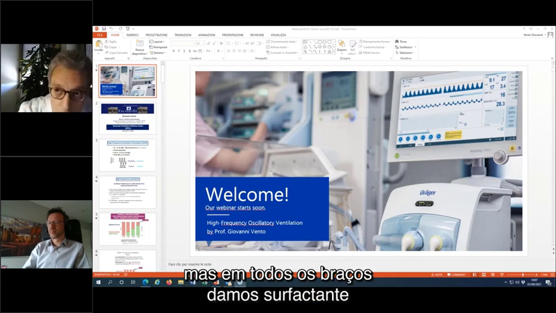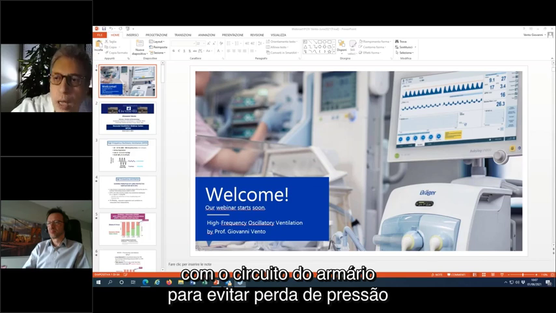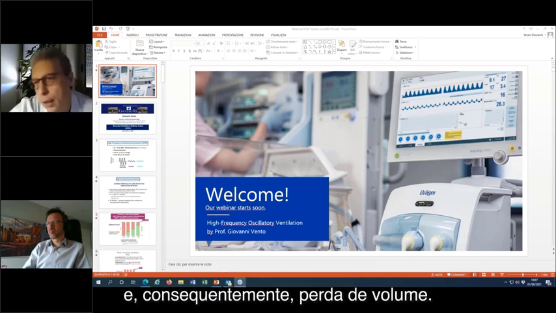But in all the arms, in both arms of the babies, we gave surfactant with a closed circuit to avoid loss of pressure and consequently loss of volume.